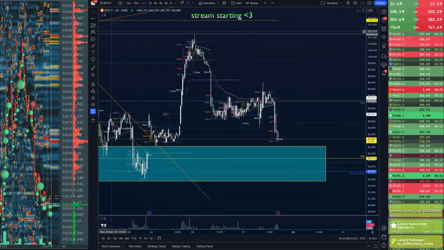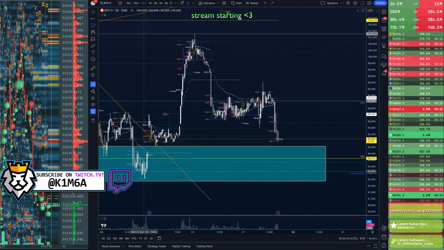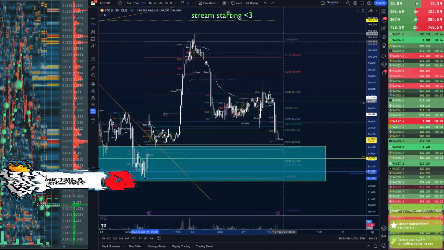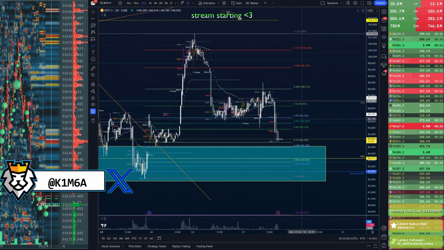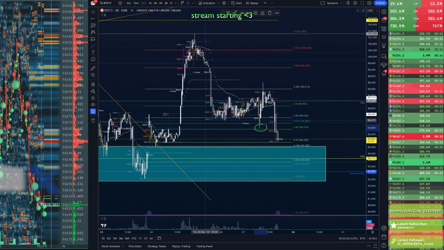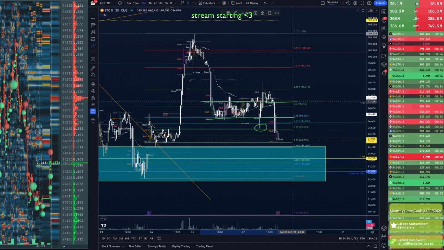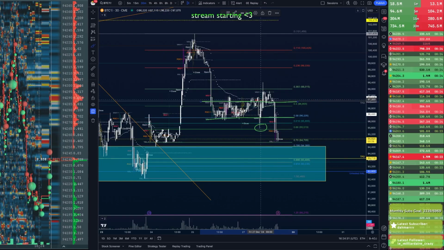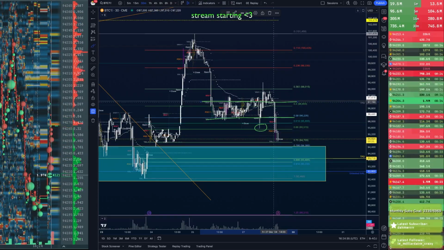But we talked about, okay, pixel perfect golden pocket. I mean, this is all shared in the Discord. But we said, awesome, pixel perfect golden pocket, swing fail. We're back above value. And I said, if we're going to go higher, we have to turn value area high into support.